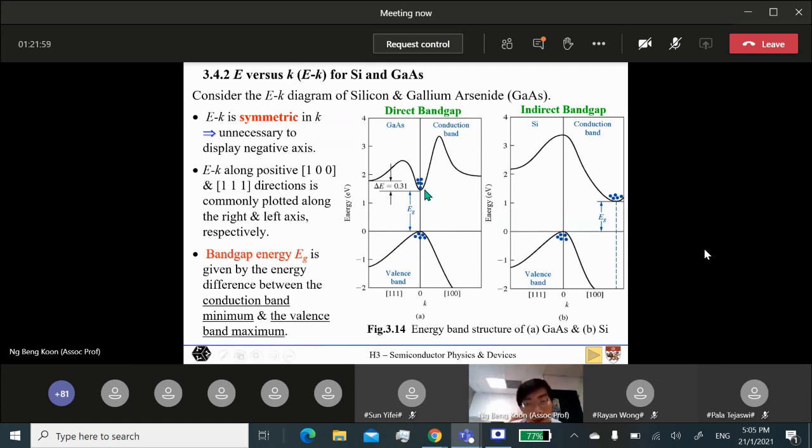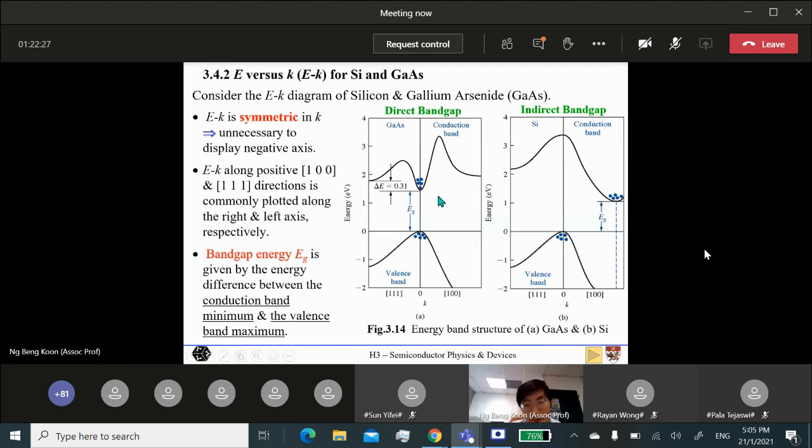Conservation of energy is not difficult. When electrons go from the conduction band to the valence band, there's a loss in energy, and this energy must go somewhere. It can be given off in the form of light. It can emit a photon, in other words. So that can be conserved by emitting a photon.